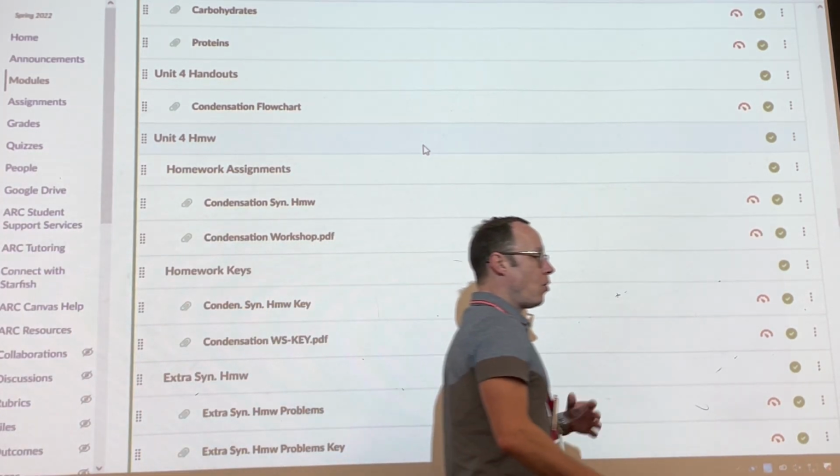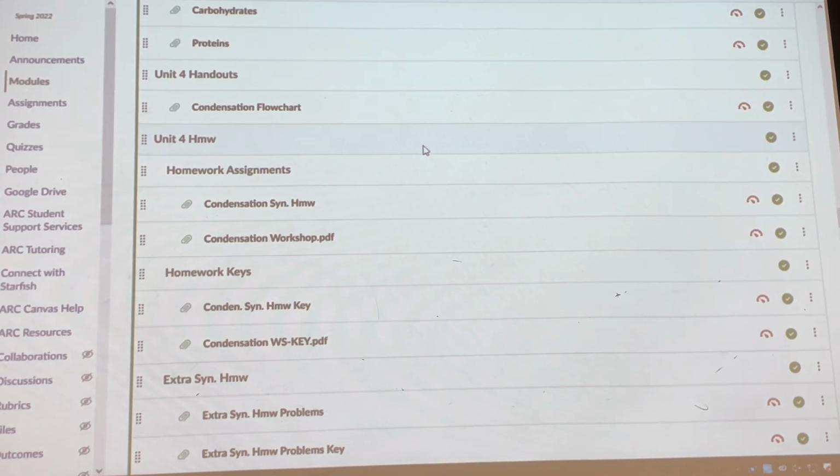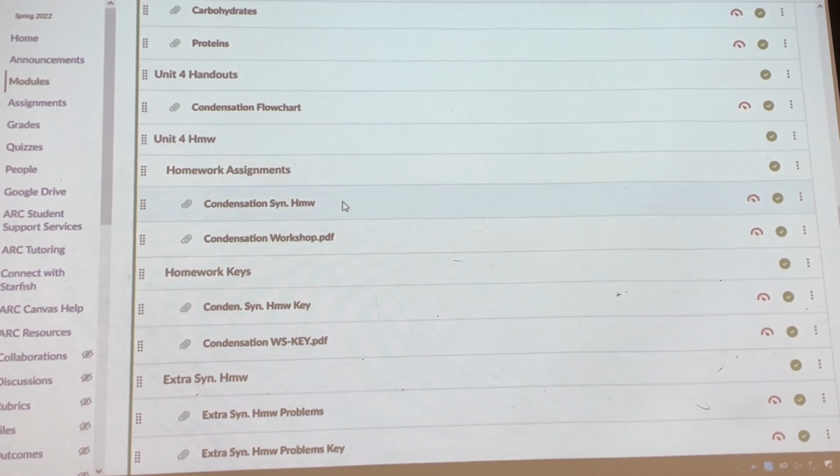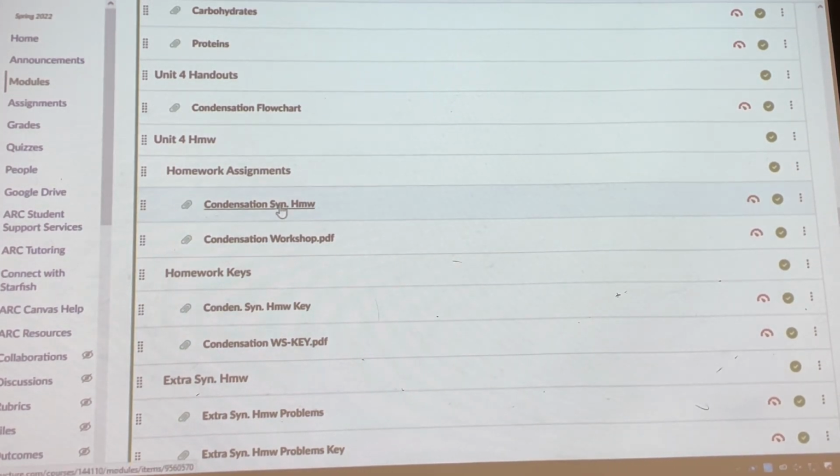That is just a whole bunch of practice on all of this chemistry. So let me go ahead and open it up and you can have a look.